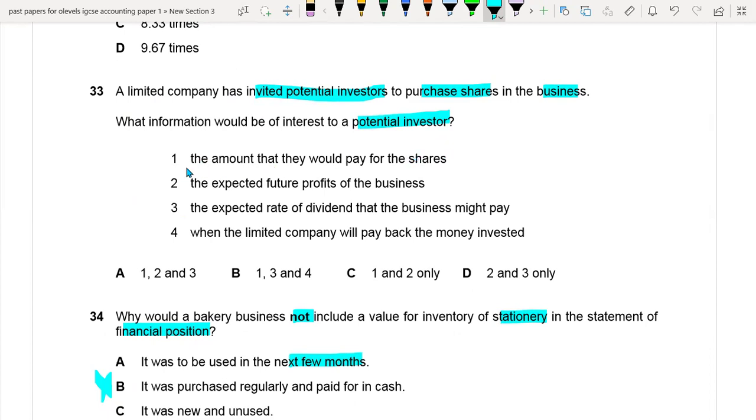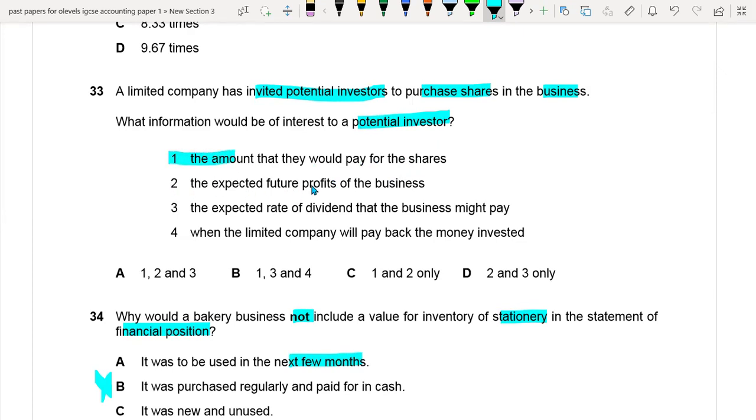So let's see, first of all, the amount that they would pay for the shares. Yes, because of course, if a potential investor is coming into your business, they want to know how much they have to pay to purchase their shares. So this seems to be the right option.